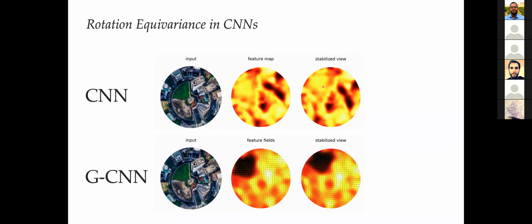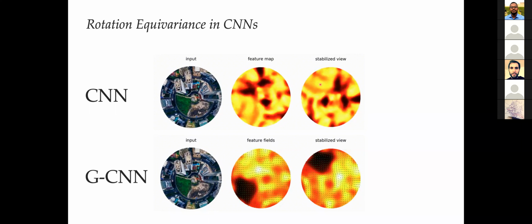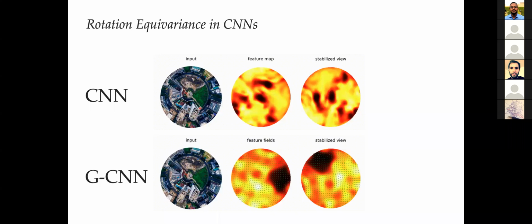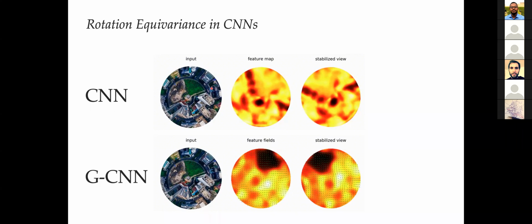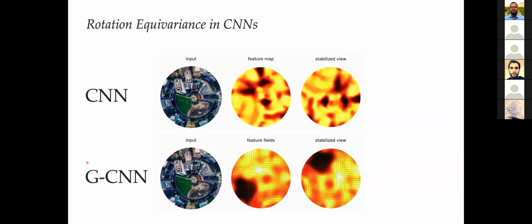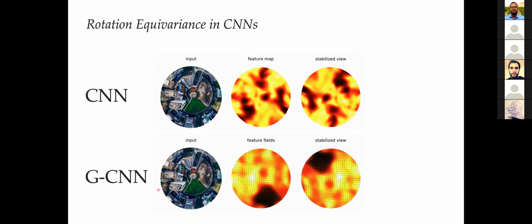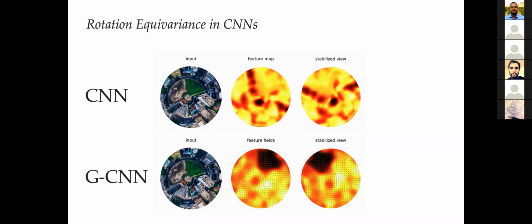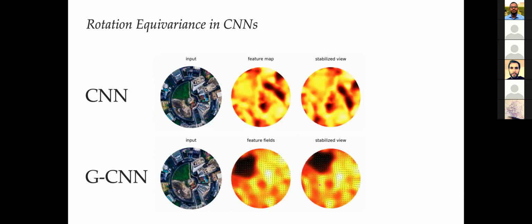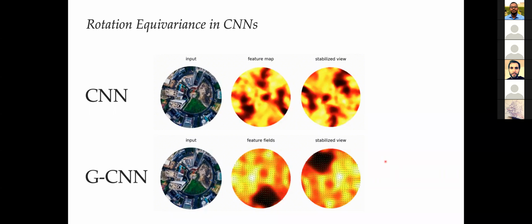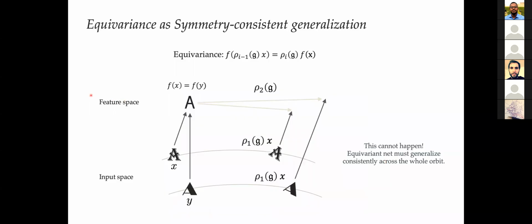So this neuron is detecting different things depending on the orientation. Maybe in one orientation, it likes to detect grass, and in another orientation, it likes to detect a building or something like this. In a GCNN, a rotation equivariant convolutional net, you can see that the feature map actually does undergo a rotation, and the stabilized view is invariant.